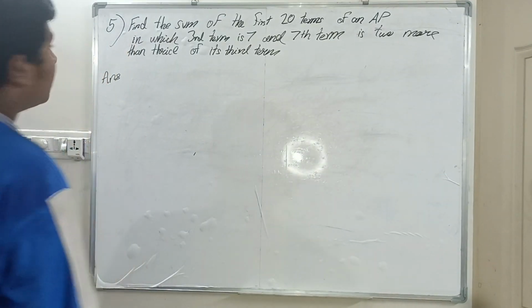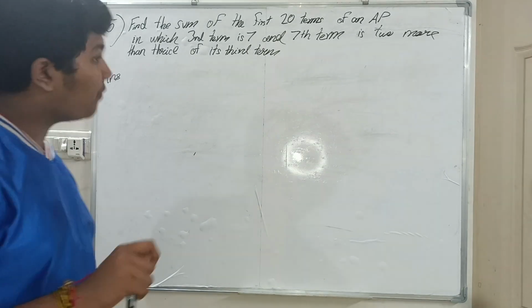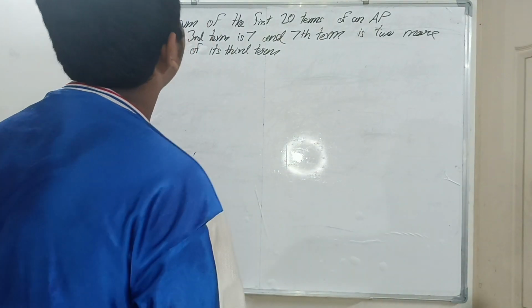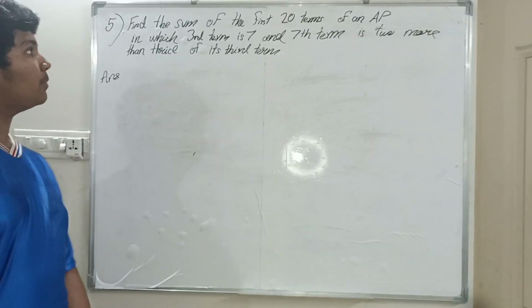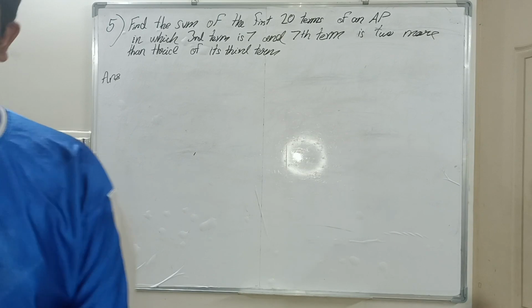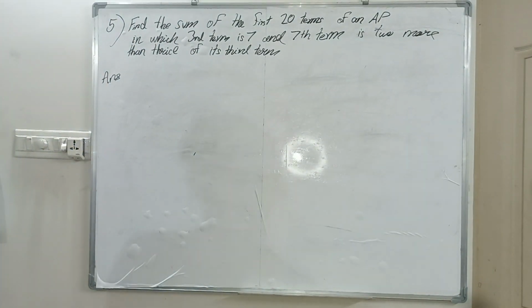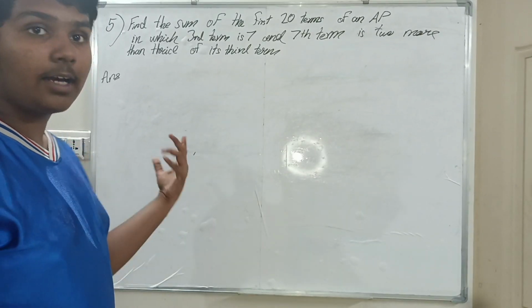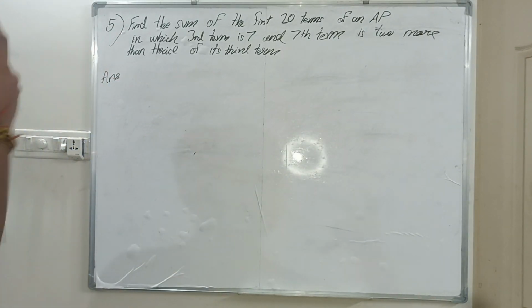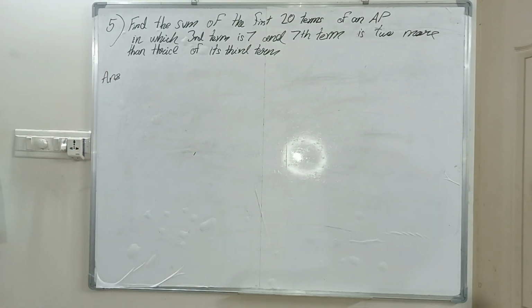Okay. Now, fifth question. Find the sum of the first 20 terms of an AP in which the third term is 7 and the seventh term is 2 more than thrice of its third term. So pause the video and try to understand this question. Read and try to understand what the question is asking you.